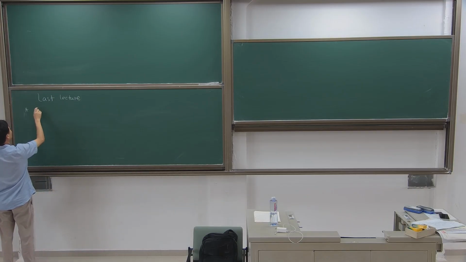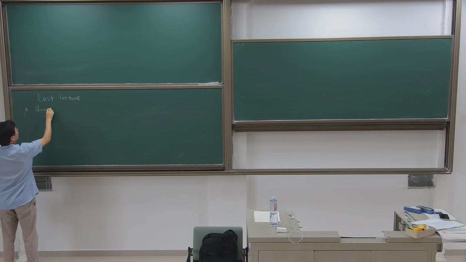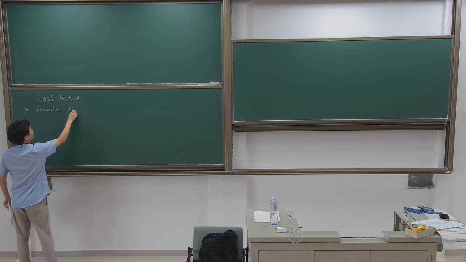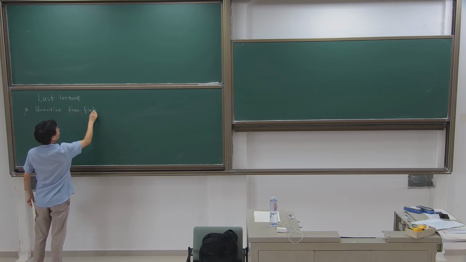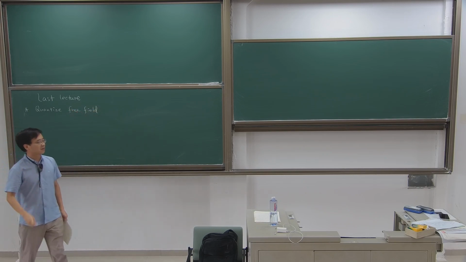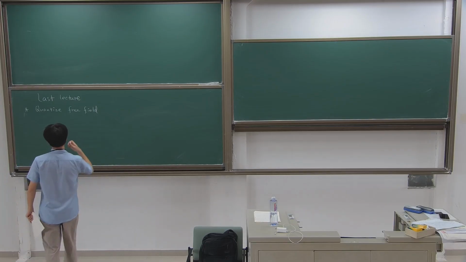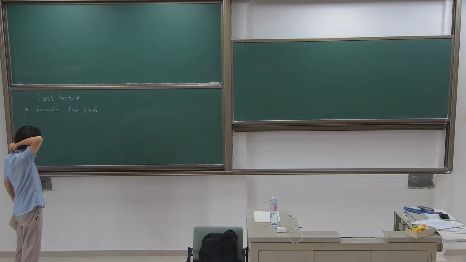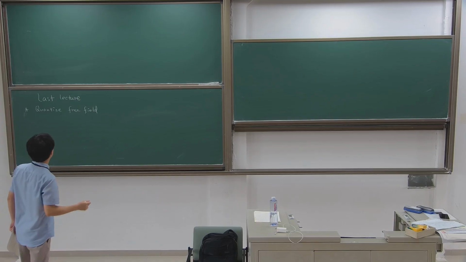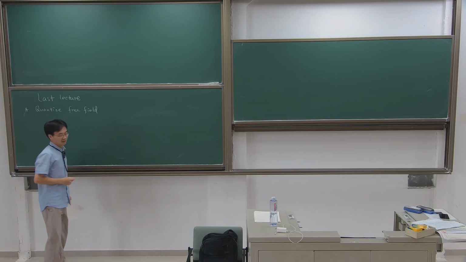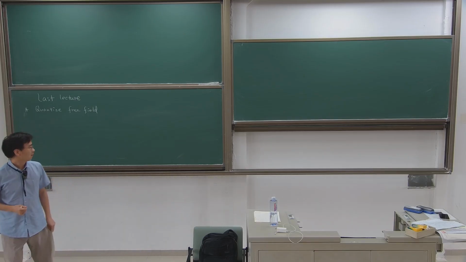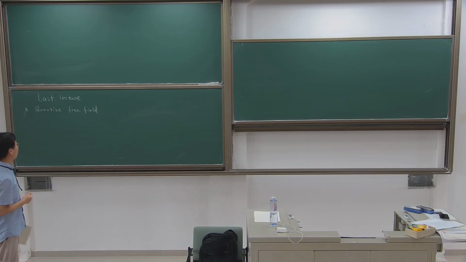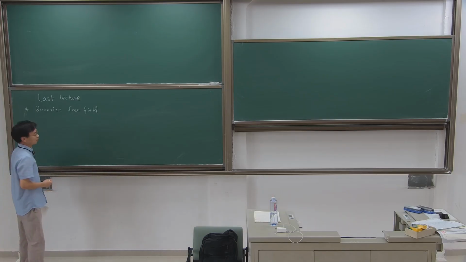Last week we learned how to quantize free fields, particularly focusing on free scalar fields and discussing quantization, basically following the procedure for simple harmonic oscillators and eventually building up the field space, which we call the Fock space.